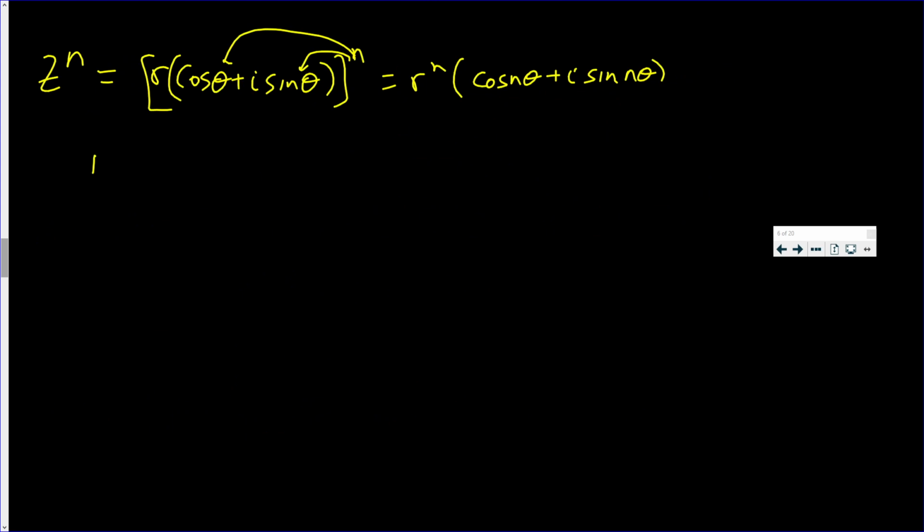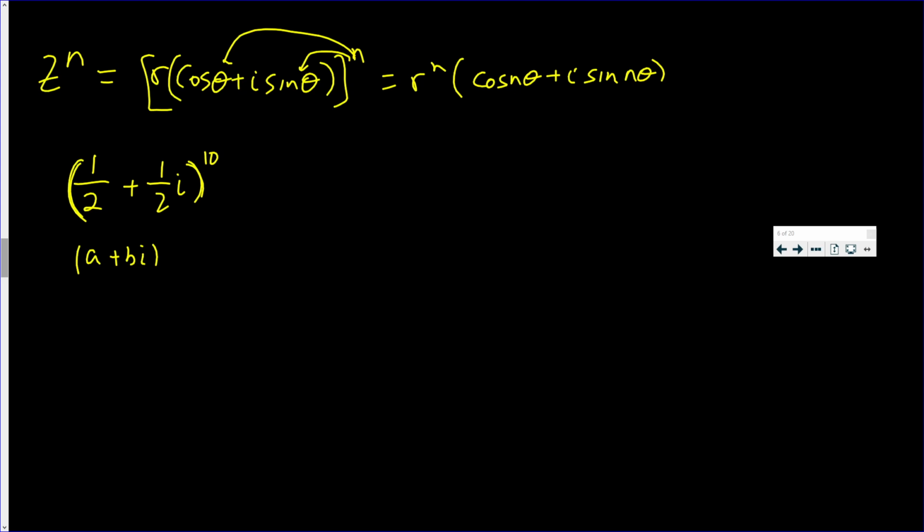What if you wanted to find out what 1/2 plus 1/2 I multiplied by itself 10 times? Now, what's inside the bracket is in a plus bi form, so we can write that in r CIS form.